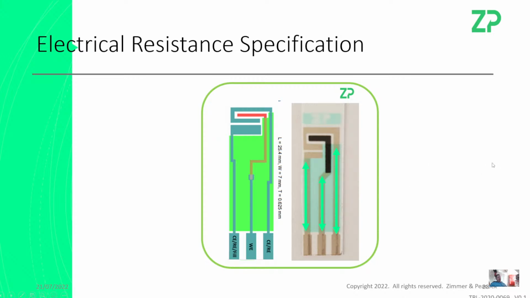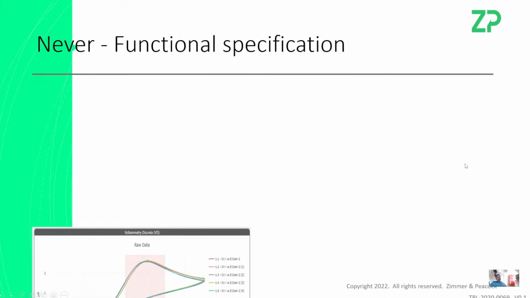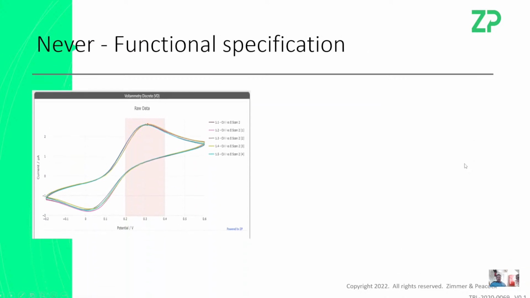But people do ask us about electrical resistance, but they never ever ask us about functional testing. And what I mean by that is, this is an electrode that's going to be used in an electrochemical system. If you're going to do contract screen printing for someone, you probably have to talk about the outgoing quality control, which could involve doing some electrochemical characterization.